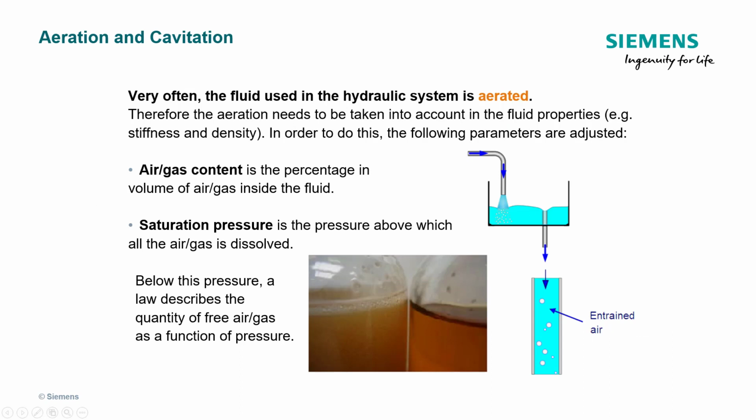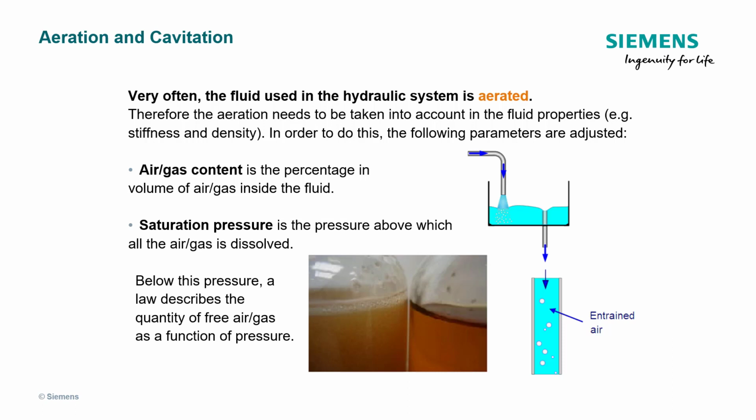Now we need to introduce two important phenomena, aeration and cavitation. The fluid used in the hydraulic system is usually aerated, and the presence of air or gas in the liquid can have unpleasant consequences on the fluid compressibility. That's why we need to understand them and try to set the fluid property parameters correctly to have the same system dynamics in the model as in the real system.